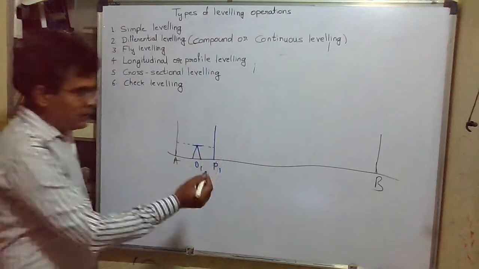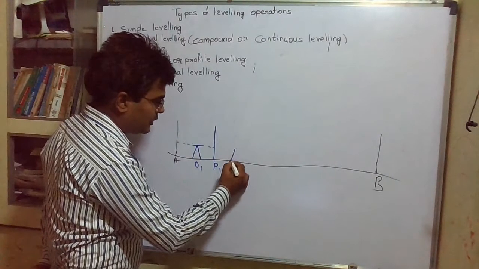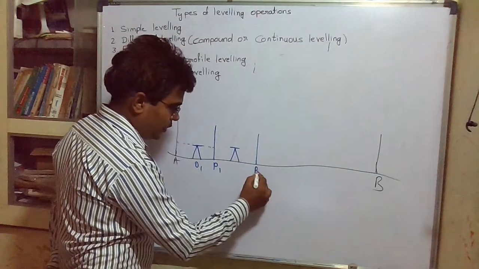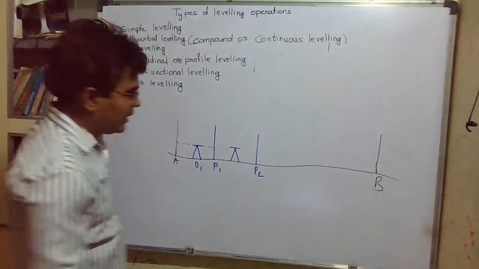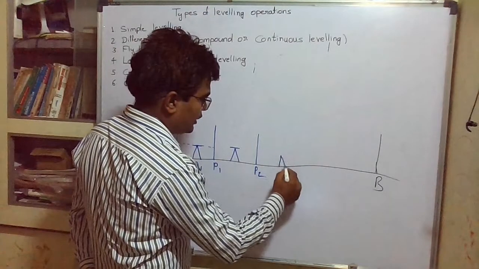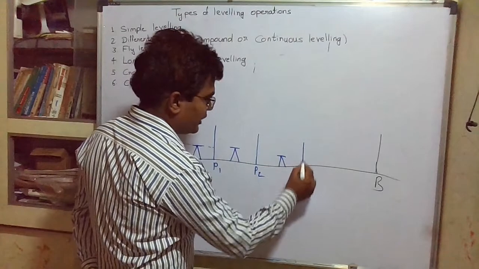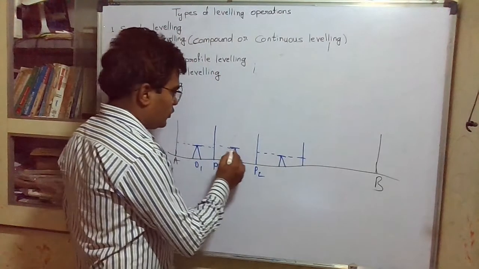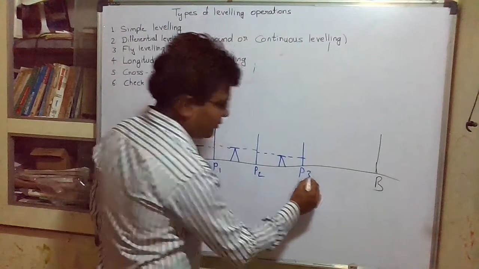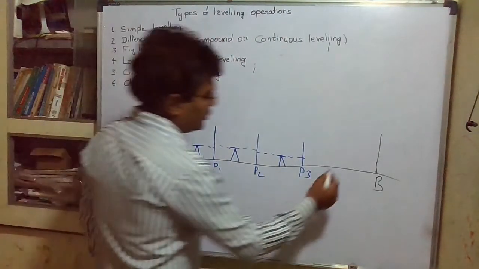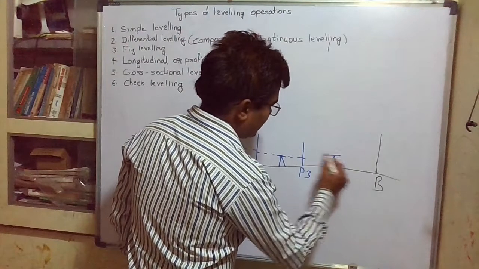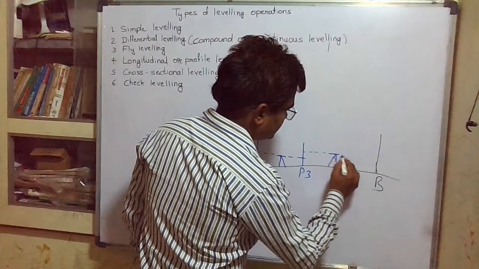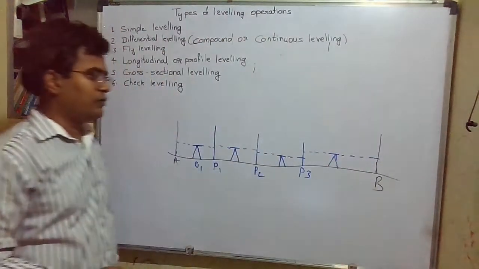Then again we select a new location for our instrument, and again we set up the staff at some point P2. Again we set up the level at another point, and again we set up the staff at a new location, let this point be P3. Again we select a new location and set the staff there, and we take the level difference between these 2 points.